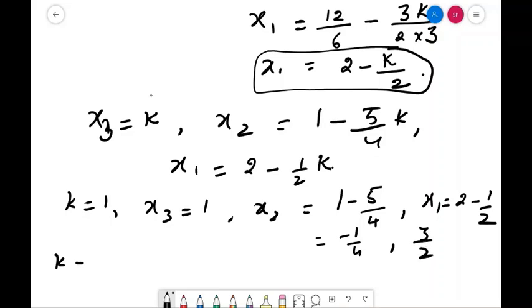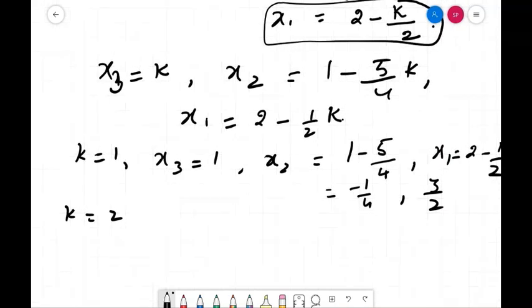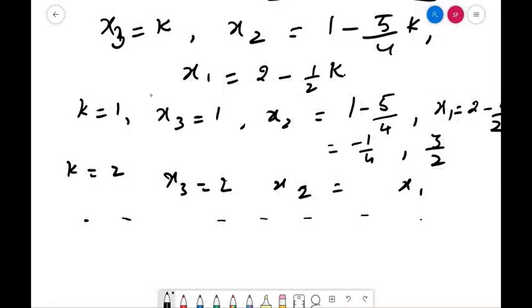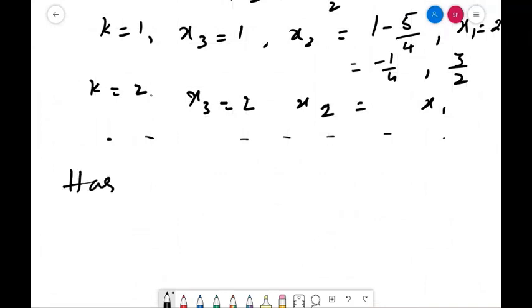Similarly, if I take k is equal to 2, I'll get some other set of values for x3, x2 and x1, and so on. What does it mean? This system has infinite solutions.